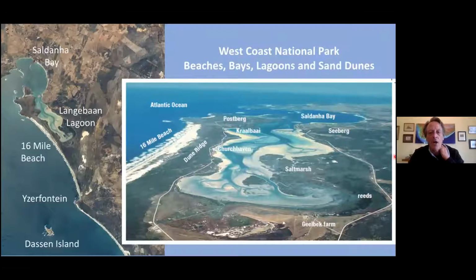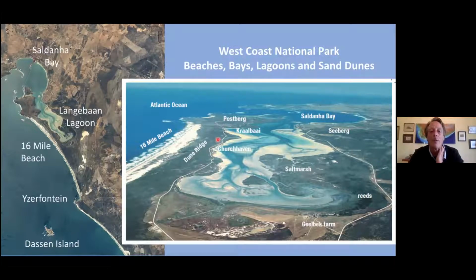Then let's go over to the coast. This is the Langebaan Lagoon. This shows it on the left from an aerial photo. And this is from a plane, looking north. So here's Saldanha Bay. And you see this beautiful lagoon. And we're going to look at some of the coastal communities, the strandveld communities on this dune ridge.